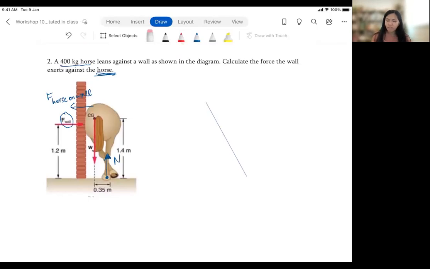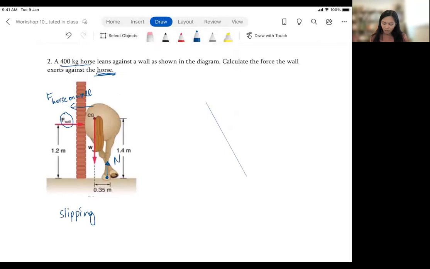It's the force that prevents the horse from slipping. Forgive my accent. What I mean is this one, so that the horse will not slip. There should be a force that prevents that slipping. Okay, if the horse were to slip and fall down, the tendency would be for the horse to slip to the right.